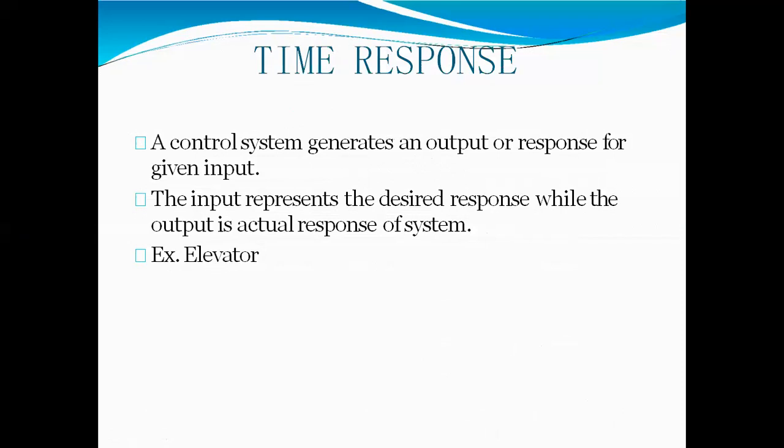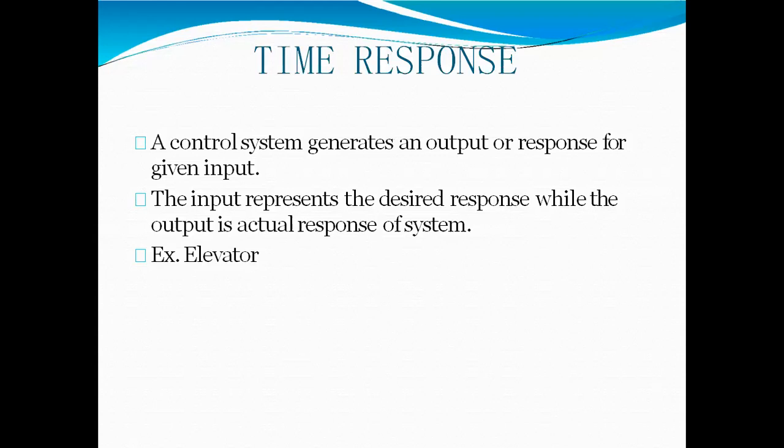The second point says that the input represents the desired response, while the output is the actual response of the system. For example, if you want to give some input to the control system, that becomes your desired. It is my desire that, for example, if you are operating a small calculator, and you are doing some calculation like 2 plus 4 is equal to 6.